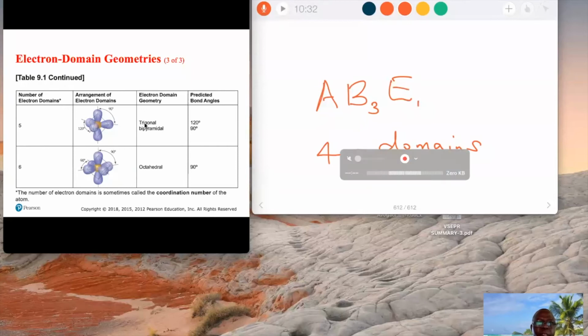Table 9.1 does not include the lone pairs. It doesn't show you the lone pairs, but I want to give you another table, which I'll allow you to use in the exam and quiz.